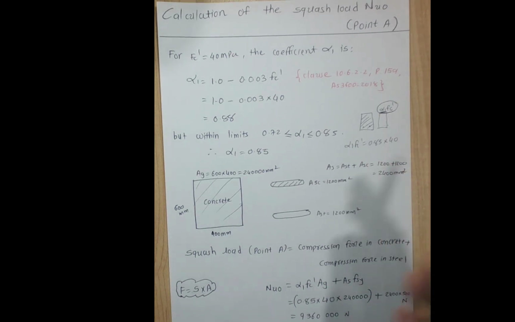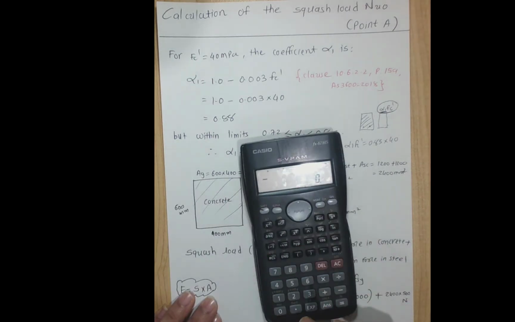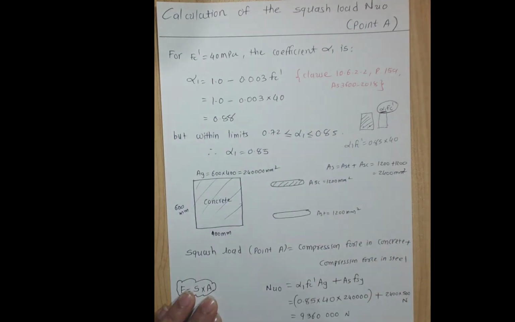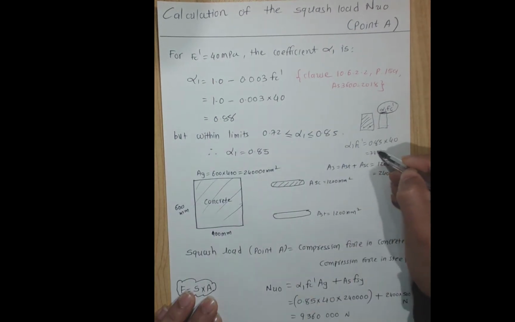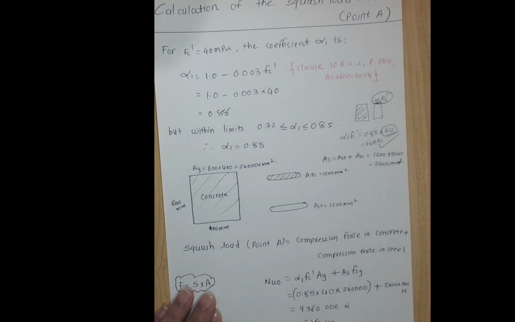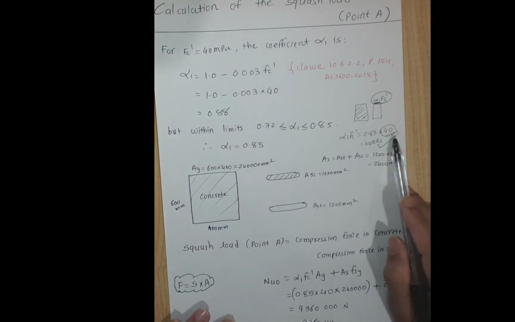So if I use the calculator, 0.85 times 40, we have 34 megapascals. So that is the concrete strength. We are taking not 40, we are taking 34.